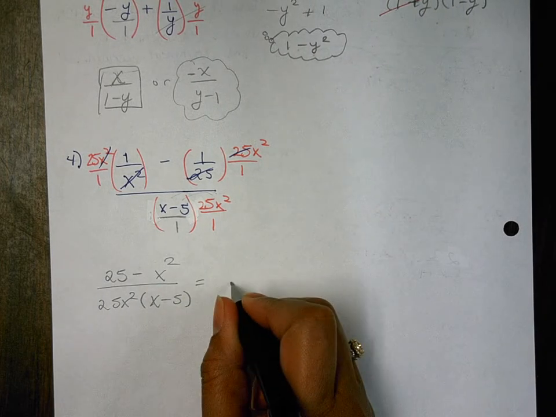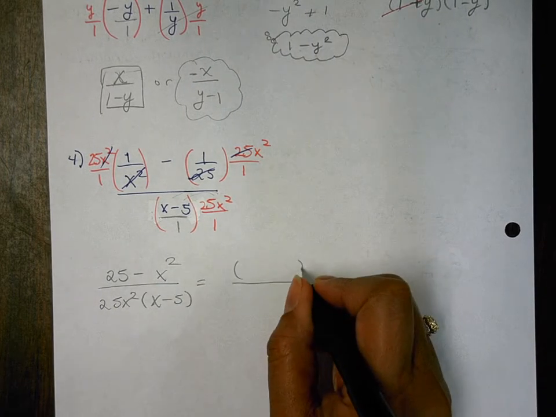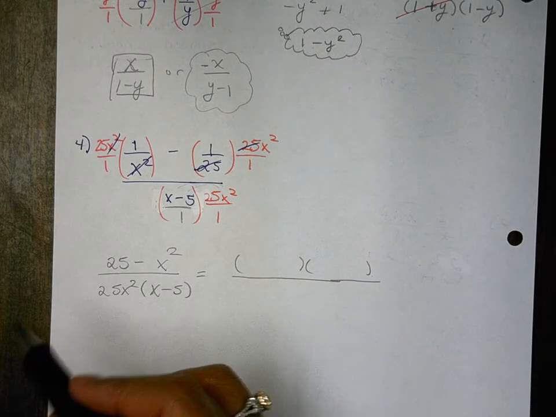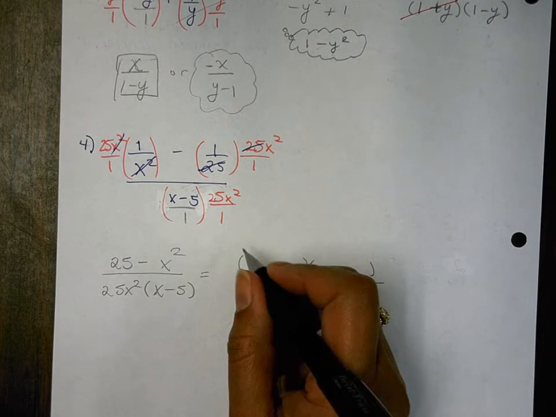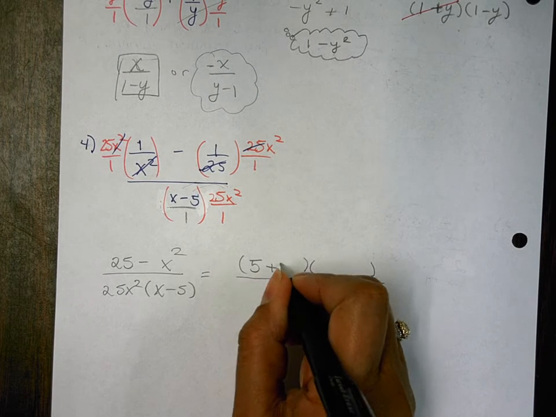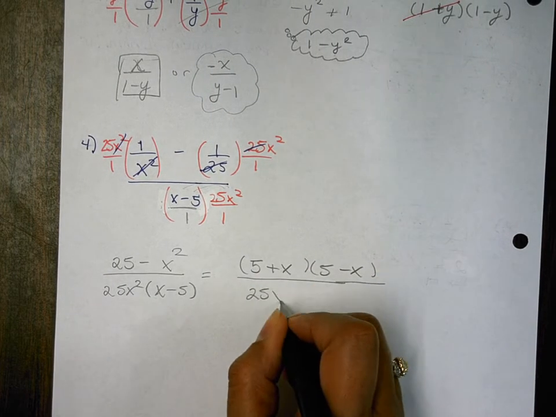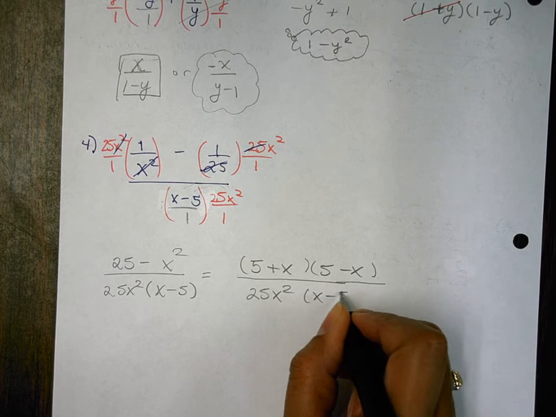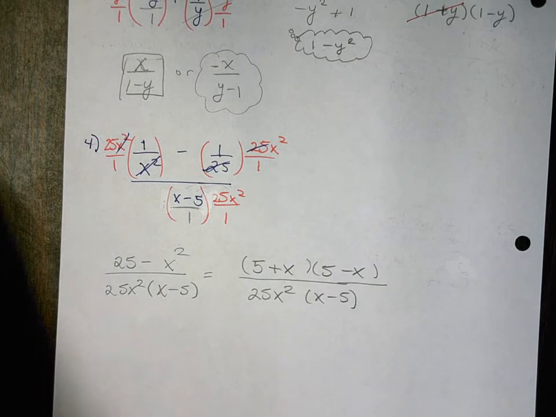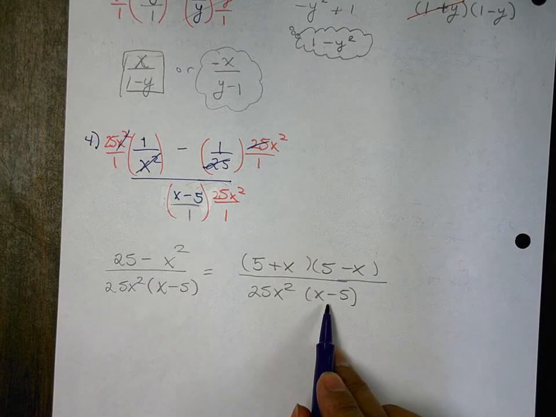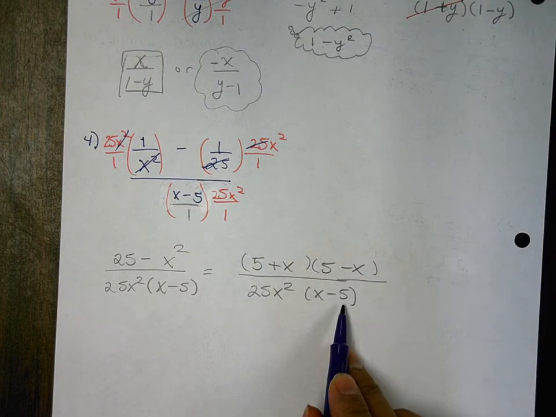Okay, at the top, it's difference of 2 squares backwards. I'm just going to factor it backwards. If you wanted to, you could flip it around, take out a negative and factor, but I'm going to factor like this. 5 plus x, 5 minus x, 25x squared, x minus 5. And these are opposites because there's a minus sign in the middle, positive 5, negative 5, negative x, positive x.